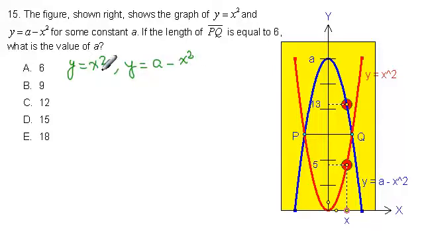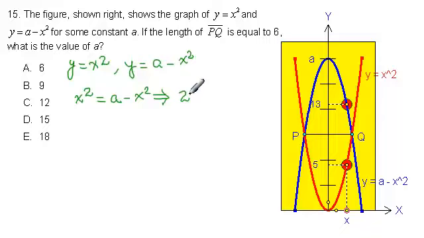But I'm not using that approach. I'm using the fact that the two values at point Q must be equal, so I equate x square to a minus x square.